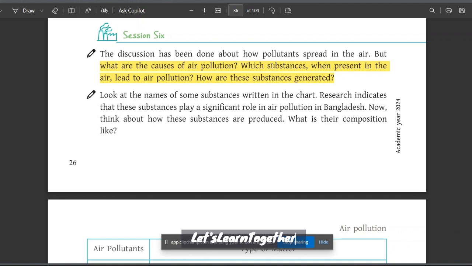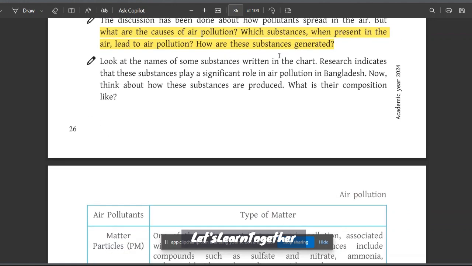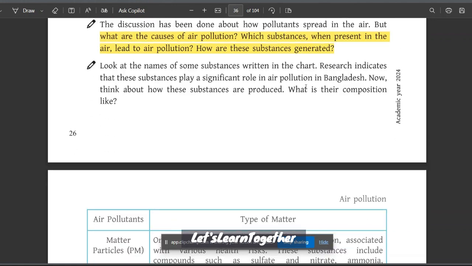Then, which substances present in the air lead to air pollution? That means what kind of element, let's say carbon dioxide or carbon monoxide, these are the gases or air particles that cause air pollution, right? There are some more substances there as well. Then how are these substances generated? That means how are these harmful pollutants generated?